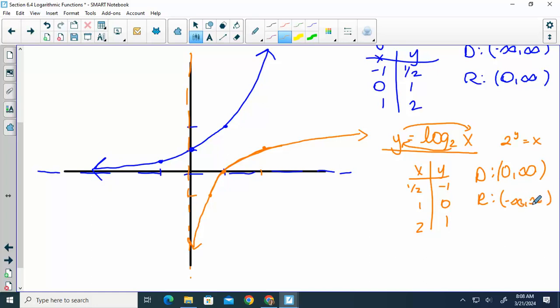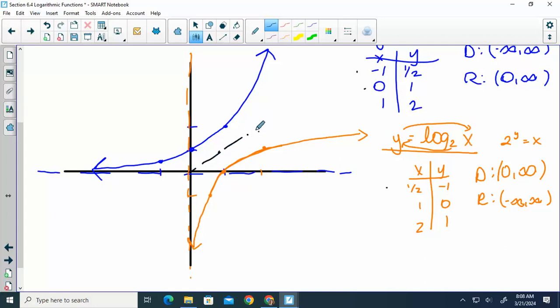So what is the relationship between the log and the exponential? They're inverses. Look at these ordered pairs. -1, 1/2 became 1/2, -1. 0, 1 became 1, 0. 1, 2 became 2, 1. If you graph the line y equals x, it goes right through the middle.